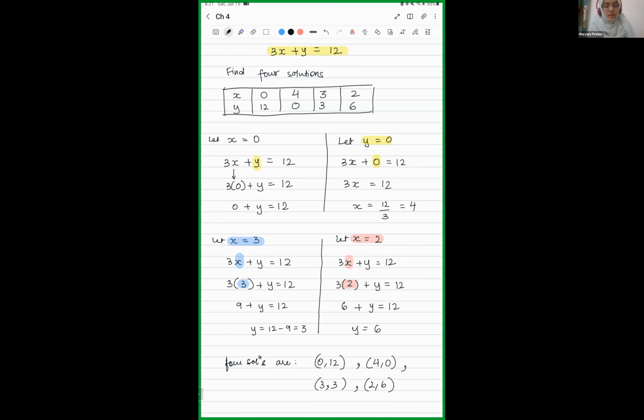See, there is a topic after this which might be there in your textbook, but it's deleted from the current syllabus of ninth grade CBSE. That topic is the graph of a linear equation. The thing is that topic is very important.